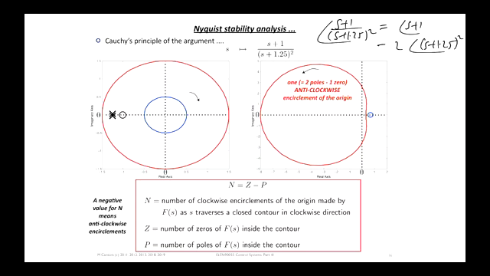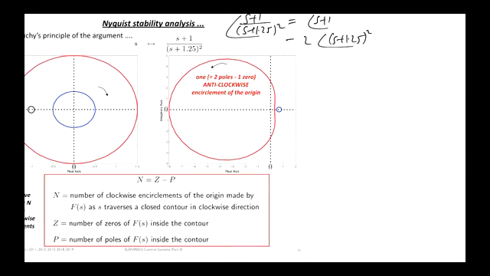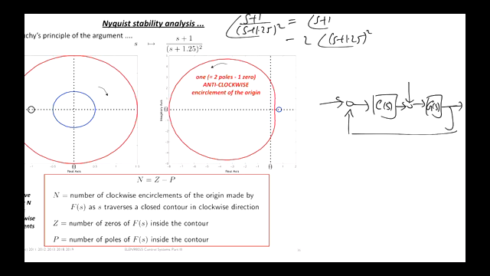How are we going to apply this result to analyse closed loop stability? Well, let's just think about our closed loop. It will look like this. We've defined the open loop transfer function to be the product of the controller and plant transfer functions.